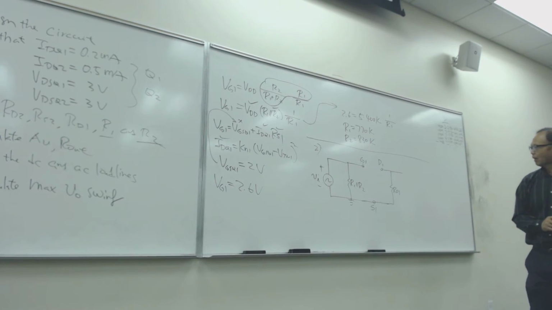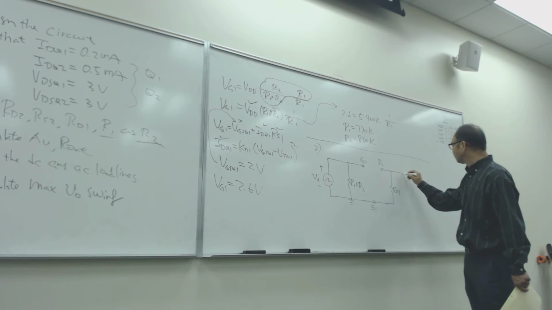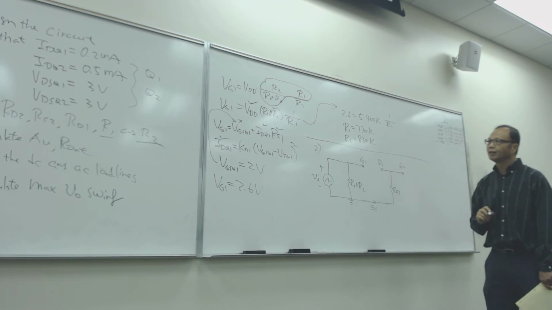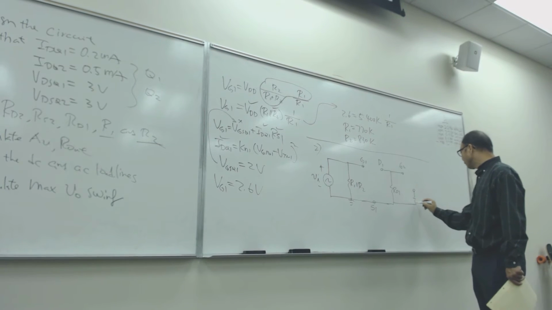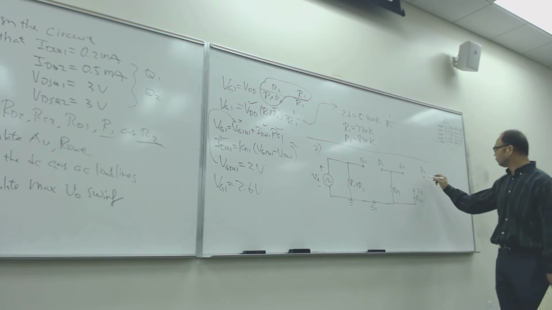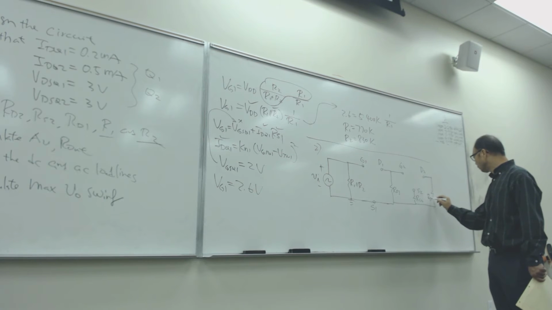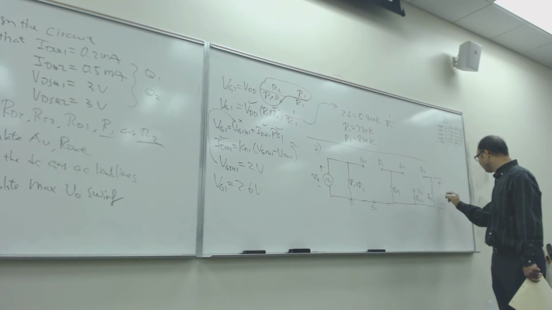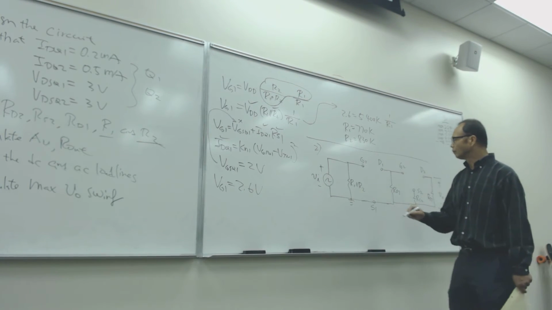Then D1 is connected to G2, yes? And S2 is not grounded, by the way, correct? So this is S2, and then D2 is connected to RD2 to the ground, yes? So that is your VO, yes?